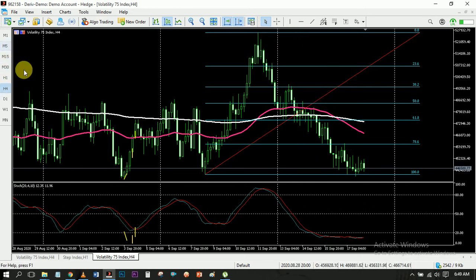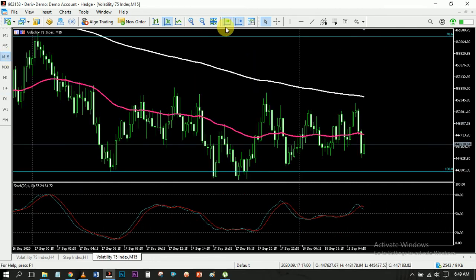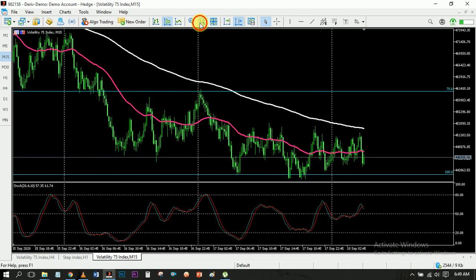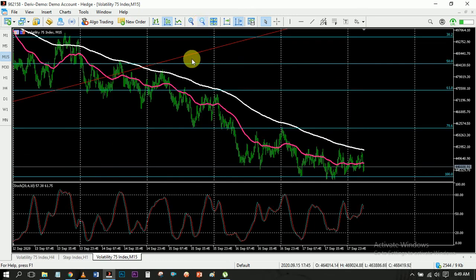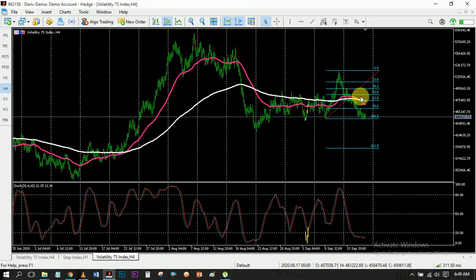So the next thing you need to do is to move to your 5 minutes chart, or your 15 minutes chart, whichever you want. Okay, so this is my 15 minutes chart now. Once you've drawn your Fibonacci correctly, and you now have the right indicators on your chart, next is to go to a lower time frame.